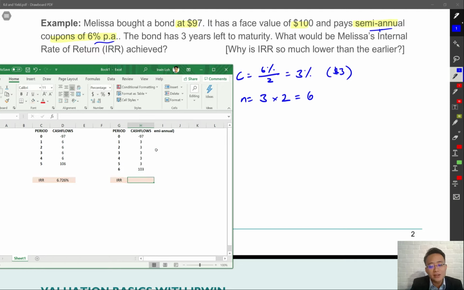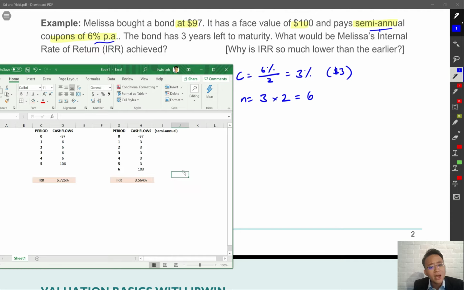And I then say, Excel, pull out the equal sign. Excel, find me IRR. Close the bracket, and within it, place the range of cash flows we are looking at. IRR is 3.564%.